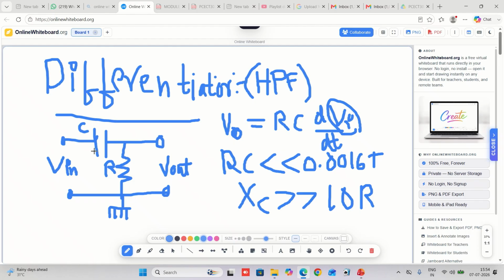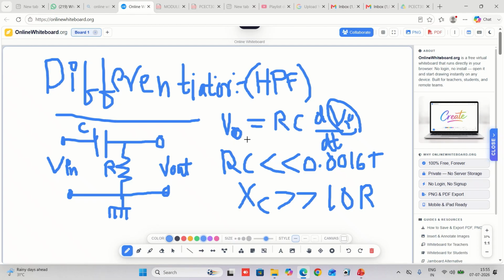For a differentiator, you connect the input at the capacitor side and the output is taken across the resistor. An RC circuit can act as a differentiator, that is, the output voltage is the derivative of the input.